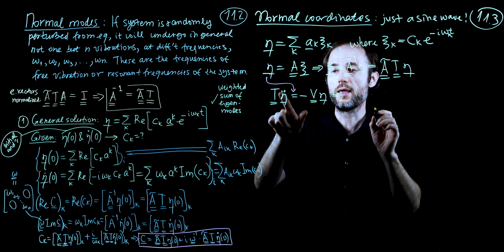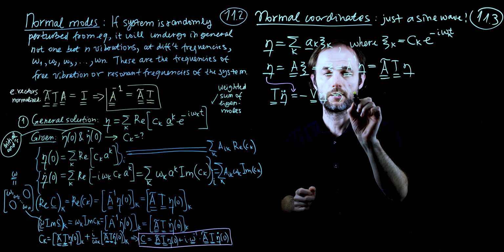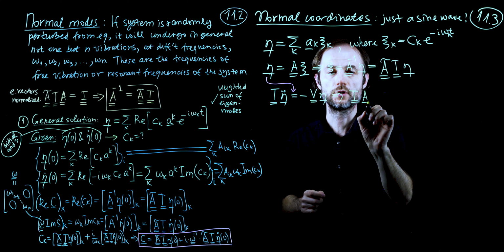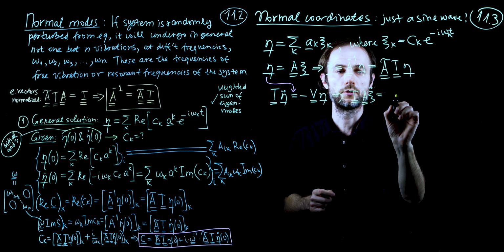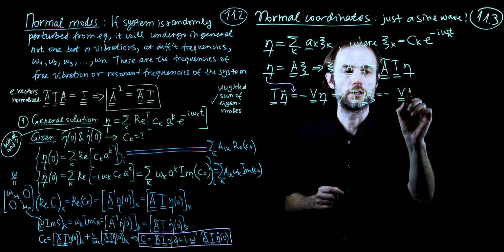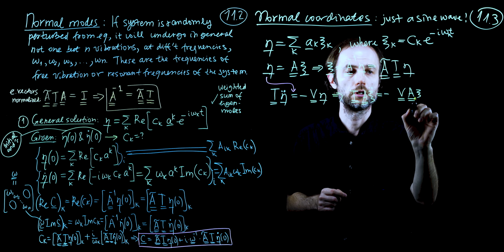So A times psi comes over here, and we're going to get T times A times psi double dot is going to be equal to minus V times A times psi.